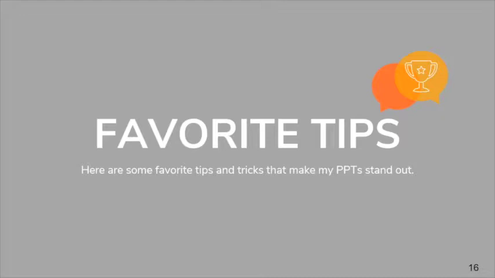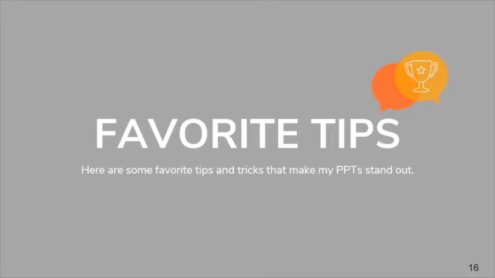I've been giving you favorite tips throughout this webinar. So I talked about searching for .png pictures instead of JPEGs because those pictures will have transparent backgrounds, which can make your presentation pop even more.